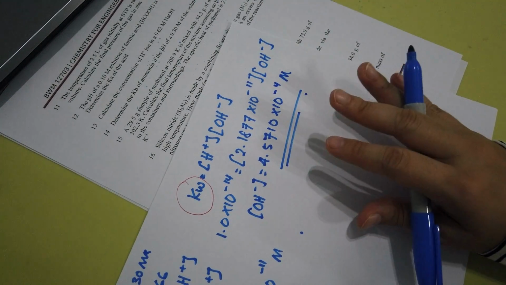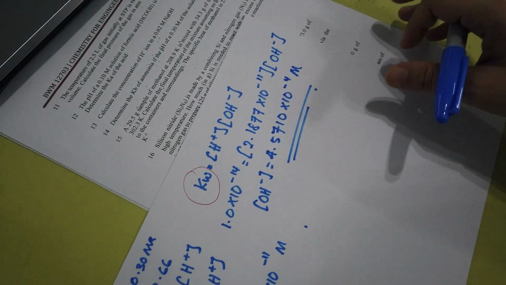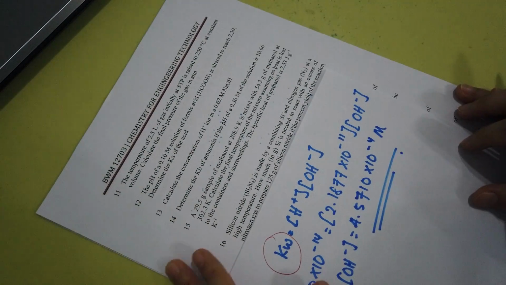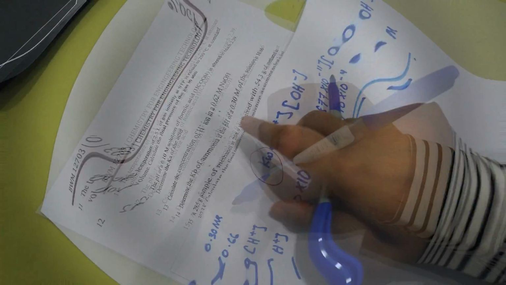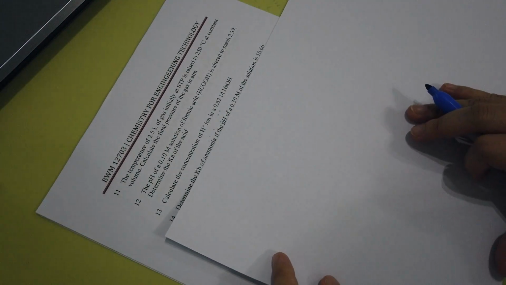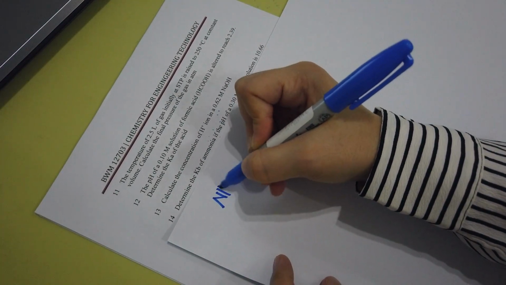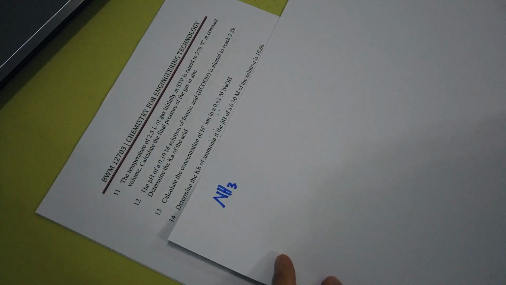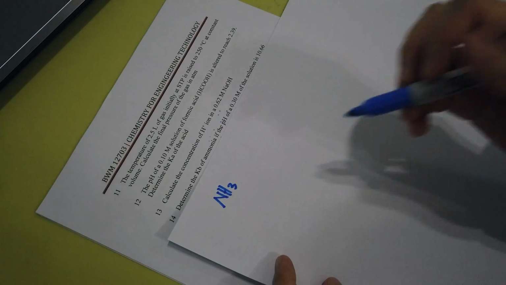Okay, so this is the first half of the calculation. And then you need to look back at the question. So determine the Kb of ammonia. So do the chemical equation. Ammonia is NH3. So for ammonia to dissociate, you need to add water to it.